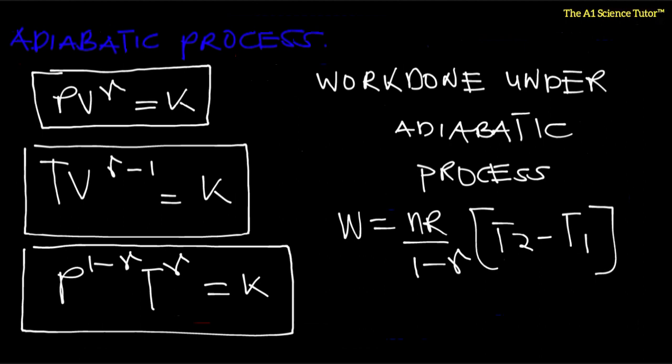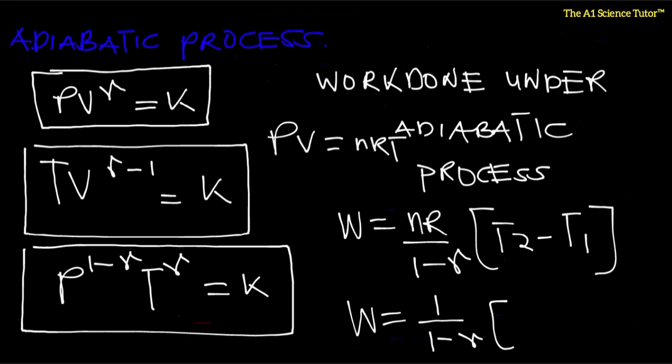But you could also have it in another form. You could have it as 1 divided by 1 minus gamma, and this is going to go back inward. You already know that PV equals nRT, right? So if we have nRT in the first case, that should be P1 V1, and if we have nRT2, that should be P2 V2.